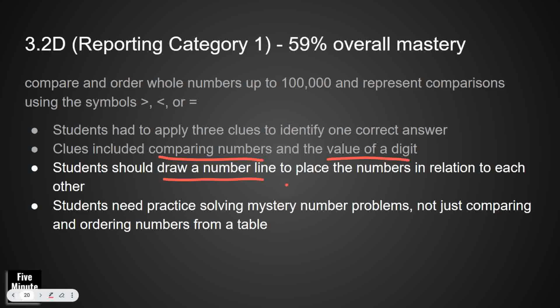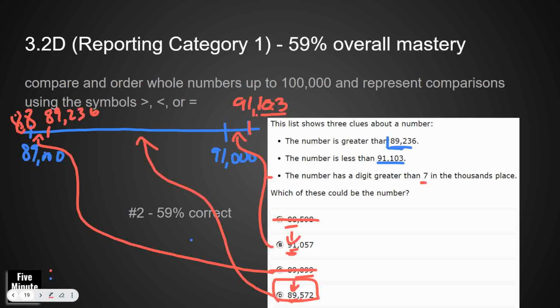So they need practice with open number lines, creating open number lines, and being able to reason about numbers in space. A lot of times this particular standard is asked with just four numbers in a table and you need to put them in order and tell me which one is third. So that's one thing they need to do.